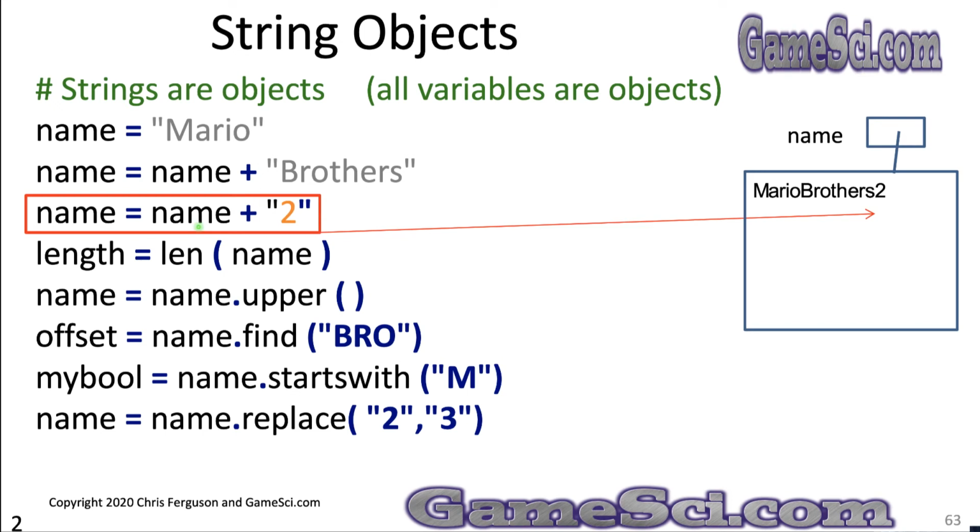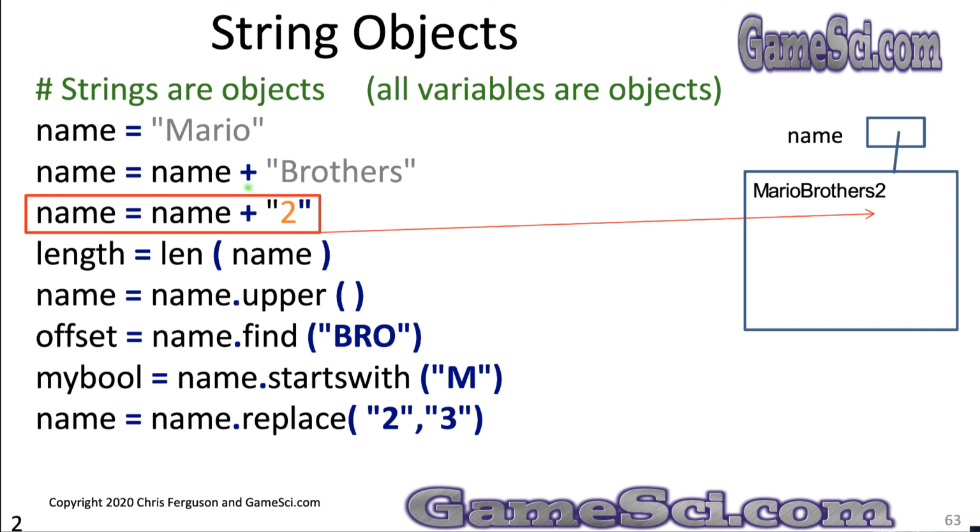So currently name contains Mario Brothers. I want to concatenate or append a 2 to that. When the plus is between two strings, Python will append the strings and make a larger string. So all that happened is the Mario Brothers got a 2 appended to the end of it. That's what the plus operator does when it's a string.